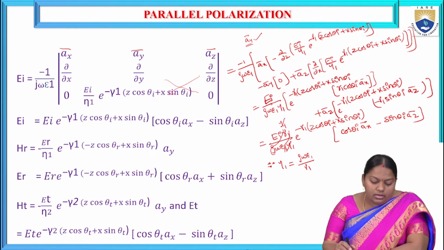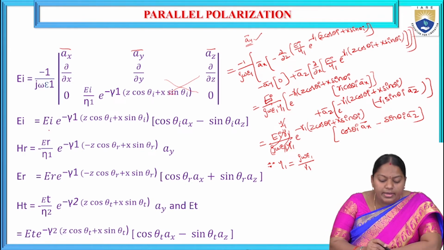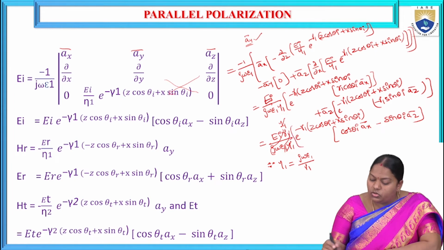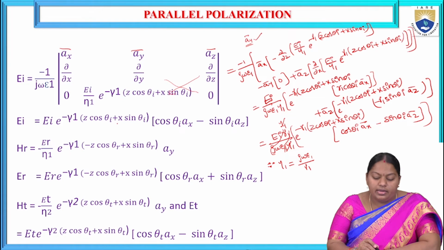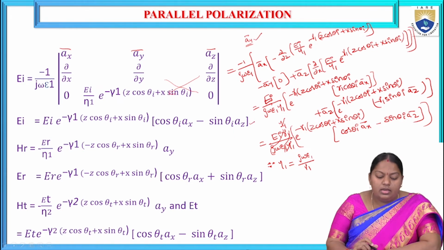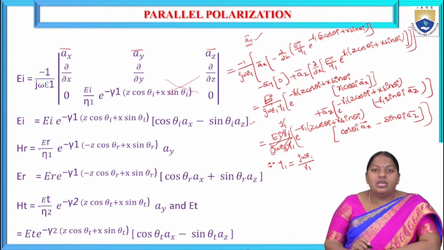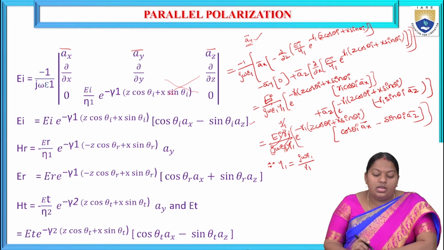So that becomes Ei equals Ei into e power minus gamma 1 (z cos theta I plus x sin theta I) into (cos theta I ax minus sin theta I az). This is the way we have got the electric field intensity vector for the incident wave, which is obtained from the time varying fields.